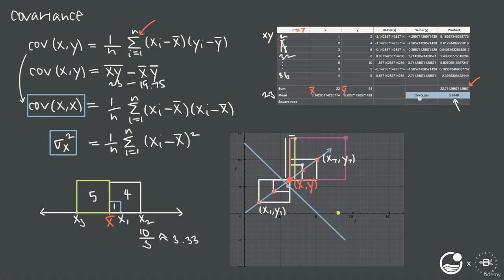If we had found a negative value for covariance, it would indicate the opposite relationship between the x series and the y series. It would tell us that there was more area over here in this direction, down here or here, along this negative trend line, than there was area in this direction along the positive trend line.